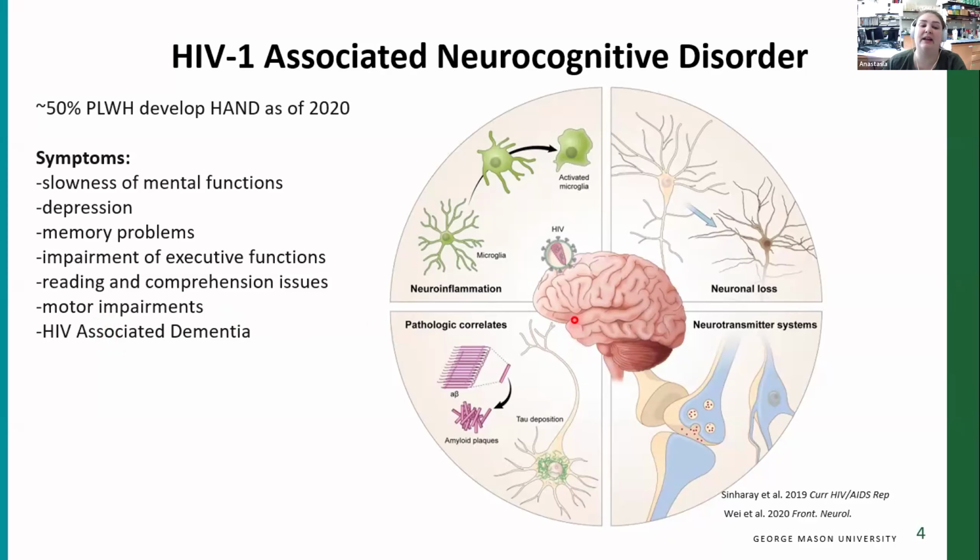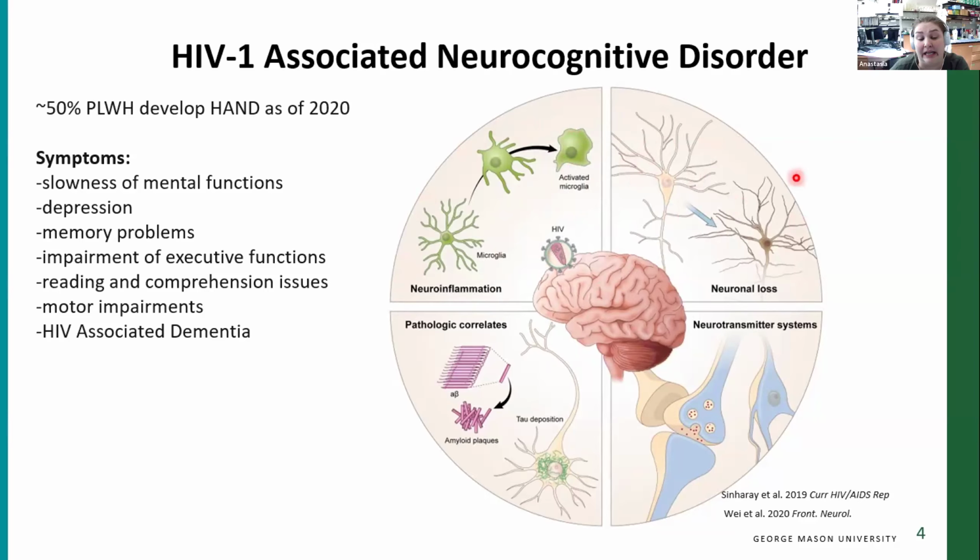Some of the contributing factors for HAND is neuroinflammation. One of the now recognized reservoirs of HIV is the microglia within the brain. The microglia are producing these low-level viral transcripts and causing inflammation within the microglia and the surrounding astrocytes.